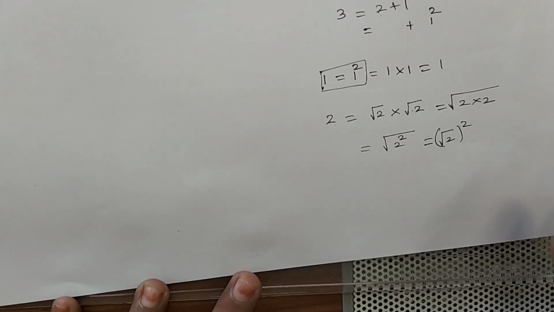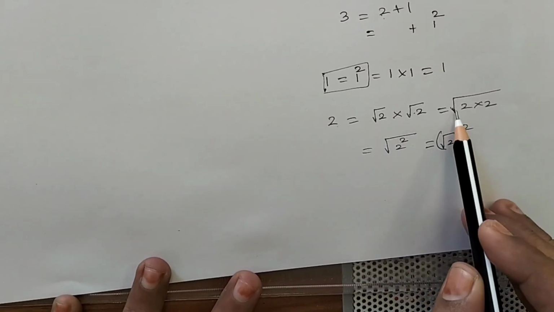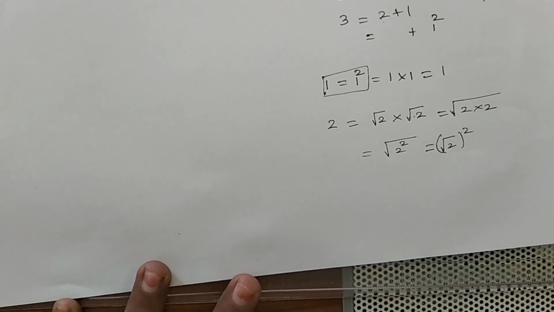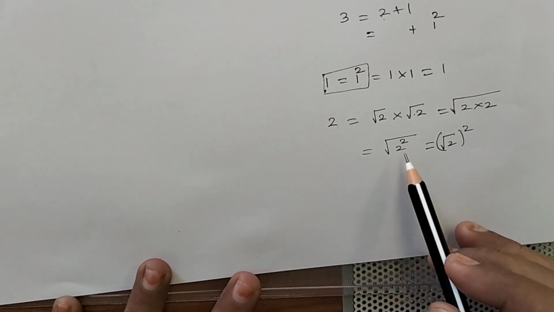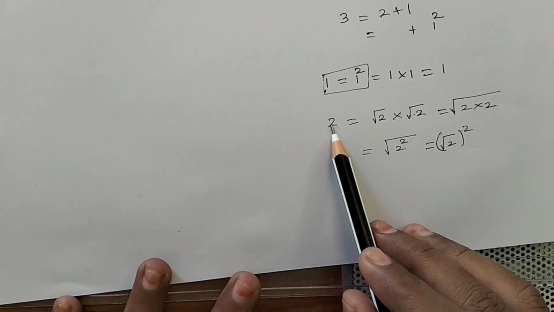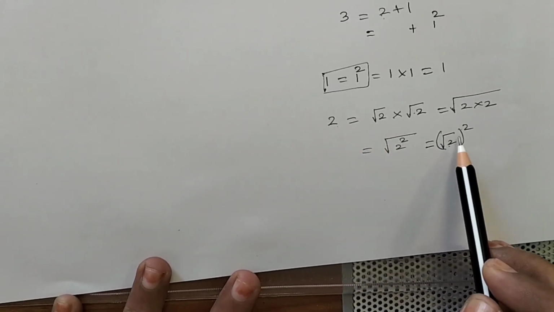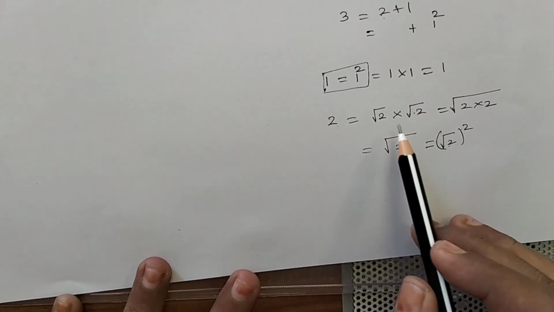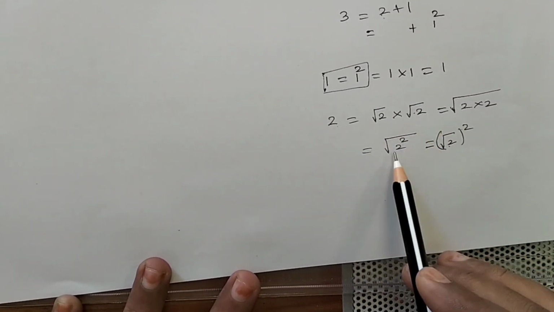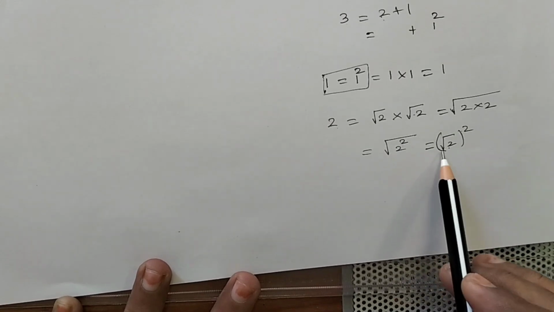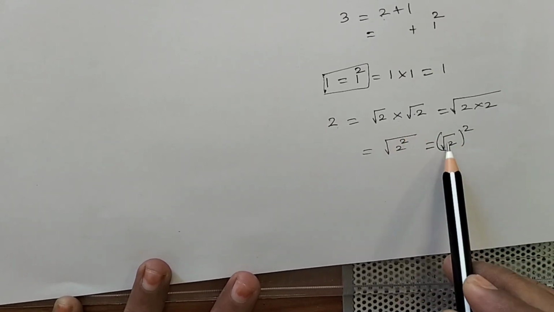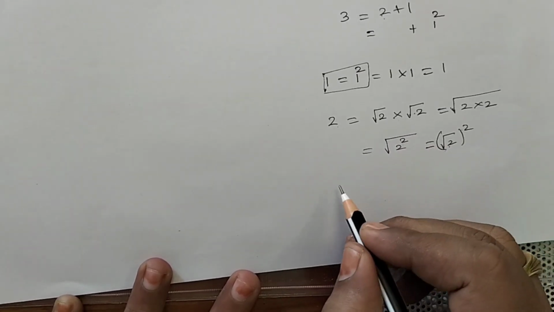To understand this, I have written root 2 into root 2, which is nothing but root of 2 into 2, and 2 into 2 is 2 square. When you take the square root of 2 square, it is equal to 2. So I can write 2 as root 2 the whole square, because everything is equal: root of 2 into root of 2 the whole square also, since both are equal.